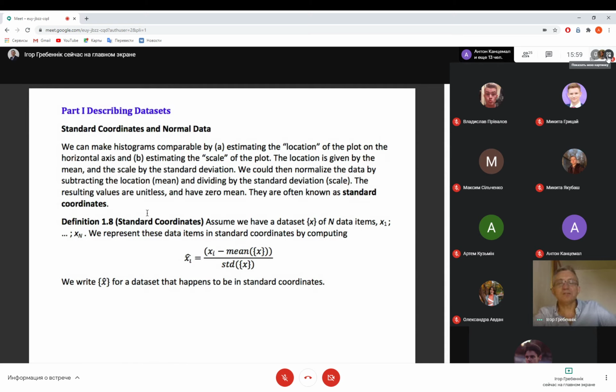Let's consider these comments. We can make histograms comparable by either estimating the location of the plot on the horizontal axis, or, the second possibility, estimating the scale of the plot: location or scale. The location is given by the mean. So when we move a histogram to the right side or to the left side, we change only the mean.